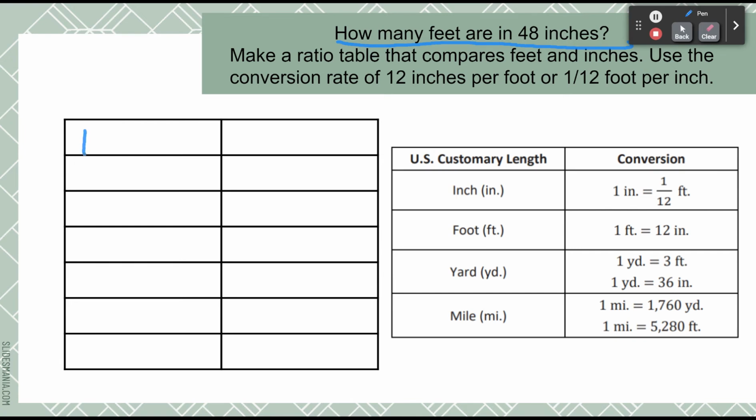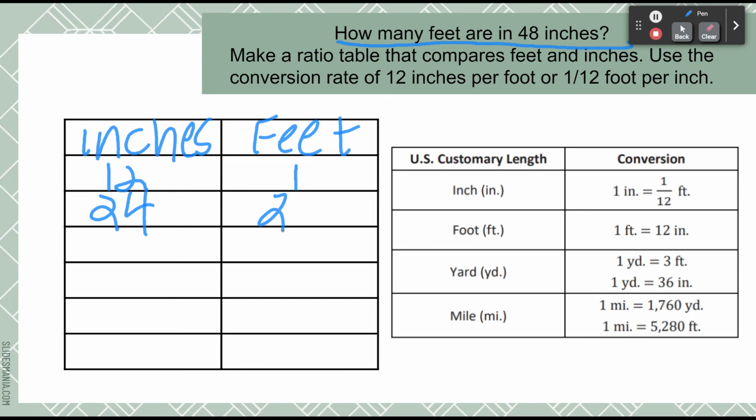So in your first box, inches, and your second box, feet. All right. So we know that in 1 foot, we have 12 inches. If I were to double that, I would have 24 inches in 2 feet.